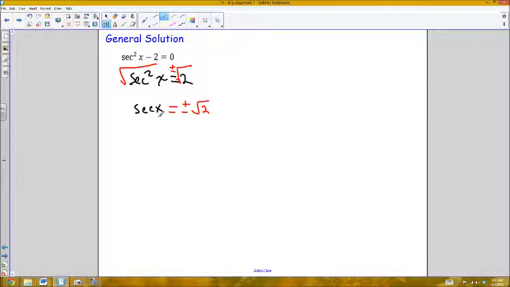We'll recall that secant is just the reciprocal of cosine. So this is cosine of x equal to plus or minus 1 over the square root of 2. Okay, so I've taken the reciprocal of this, which is just plus or minus the square root of 2 over 2. Now I didn't specify degrees or radians, so I'm going to do both.